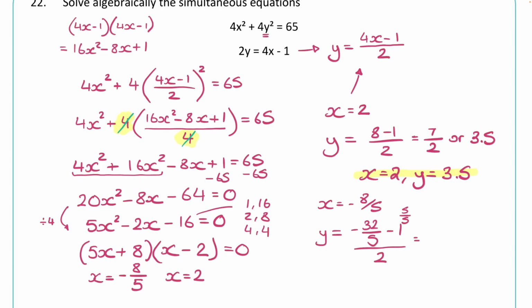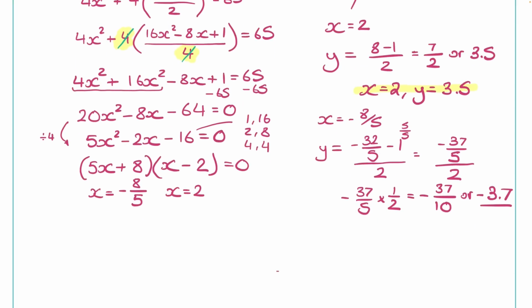So minus 32 over 5 minus 5 over 5 is minus 37 over 5, and that's all over 2. Now that dividing by 2 can be written as divide by 2 or times by a half. So that's minus 37 over 5 times a half, which is minus 37 over 10, or minus 3.7, if you want to write that as a decimal. So minus 3.7.